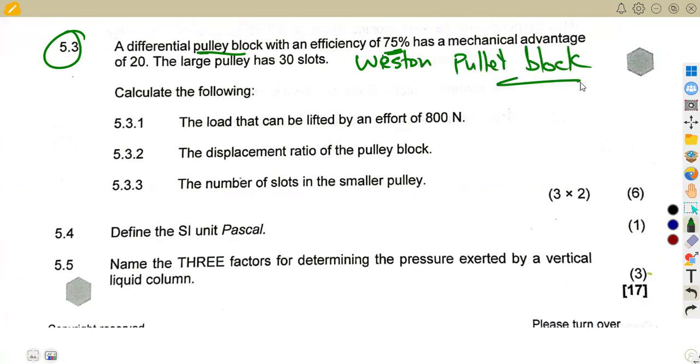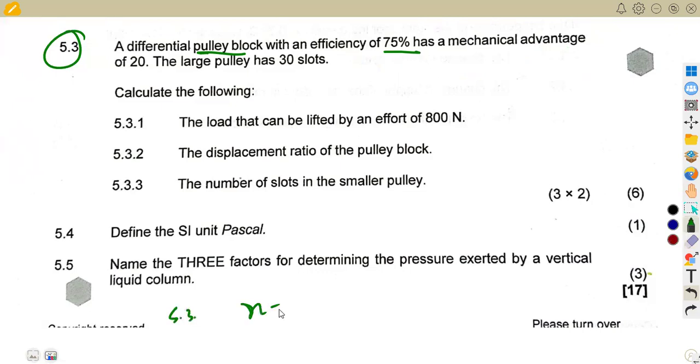Okay, you're supposed to also know this. So there we are given that it has got an efficiency of 75%. So that's 5.3. We've got an efficiency of 75%, and here's a mechanical advantage of 20. So the mechanical advantage there is 20.